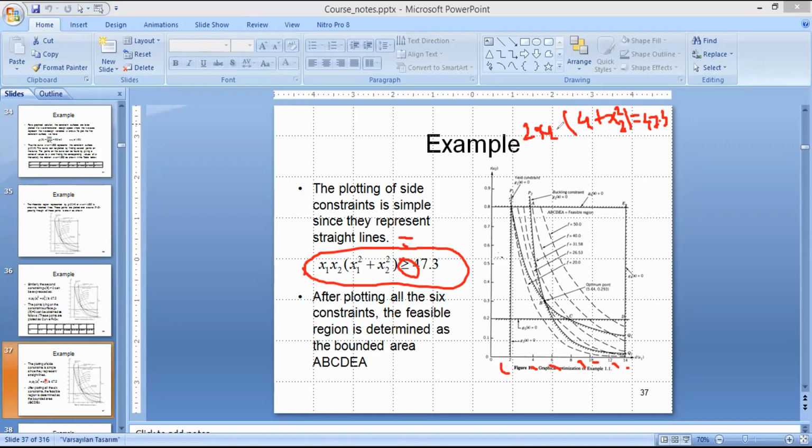So now what we can do is further simplify this equation.